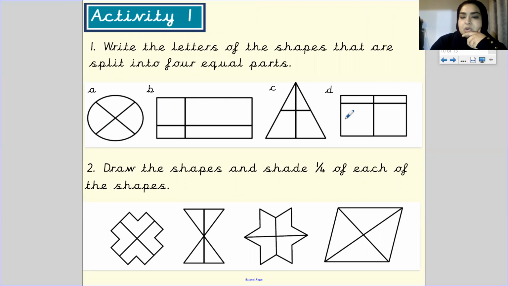So you need to check which ones are 4 equal parts. Question 2 says, draw the shapes and shade 1/4 of each of the shapes. So for question 1, you write down the letters for the ones that have 4 equal parts. Then for question number 2, you draw out these shapes with the lines, and then you shade in 1/4.